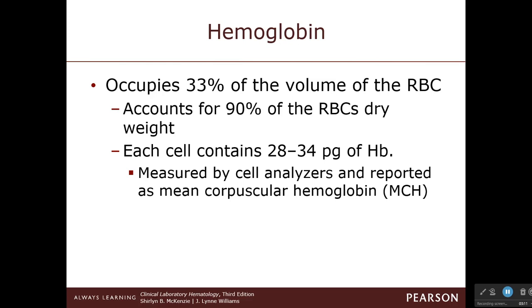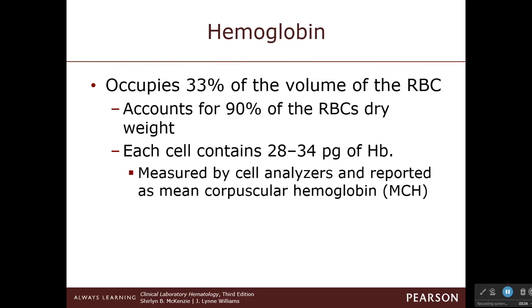Each cell contains between 28 and 34 picograms of hemoglobin, which is basically your MCH. When we talked about the MCH on the CBC, that parameter, 28 to 34 picograms, is the actual hemoglobin amount that's there. Remember, on our morphologies, though, we don't really look at MCH that much.